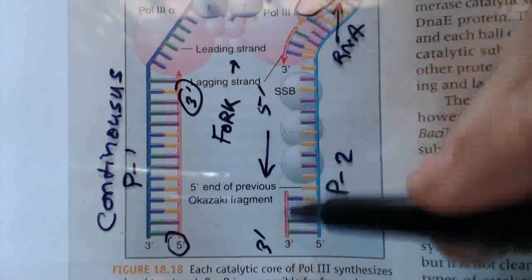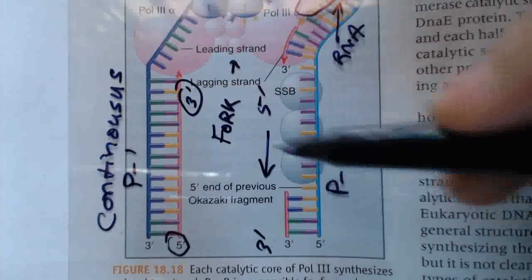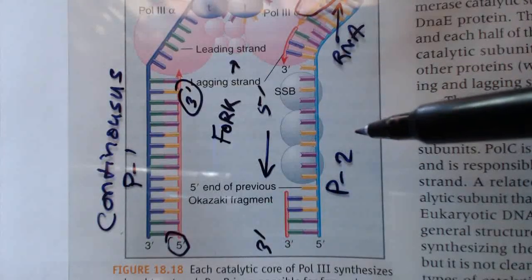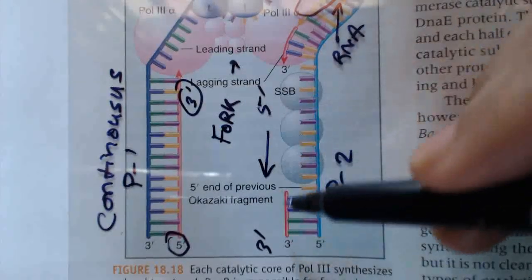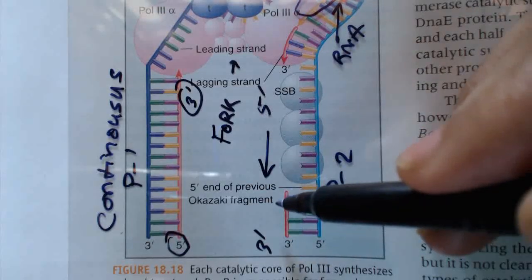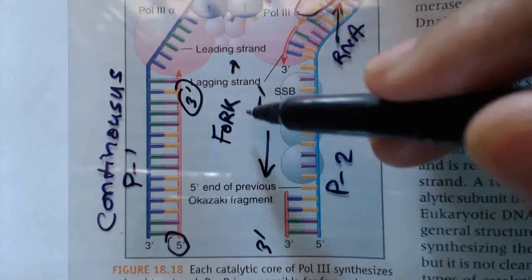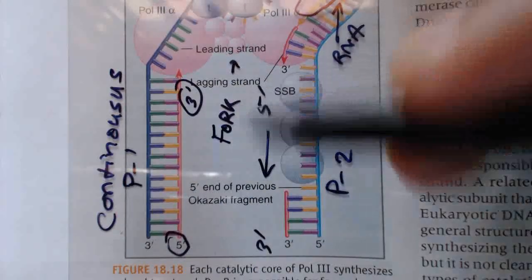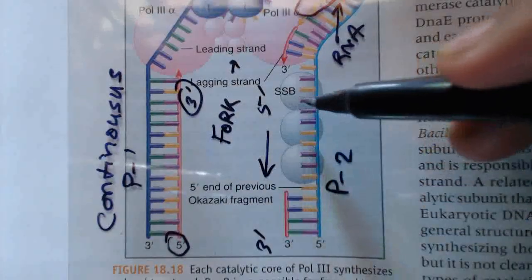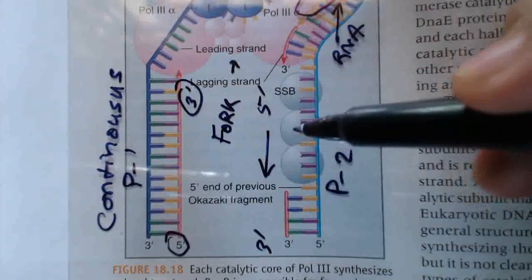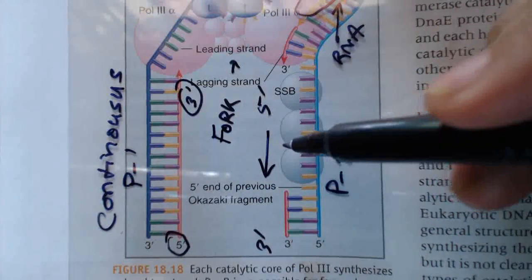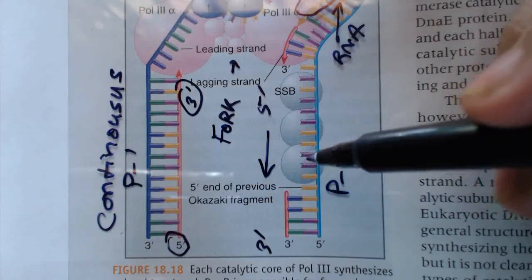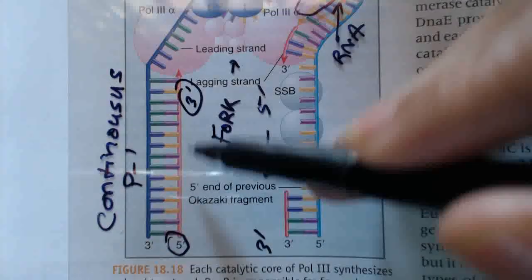So the directionality of synthesis, according to the rule of DNA polymerase polymerization, should be 5 prime to 3 prime, which is top to bottom here. But the fork is moving in the opposite direction. So that creates a problem for synthesizing this particular strand, and this strand is not being synthesized regularly like the continuous leading strand.